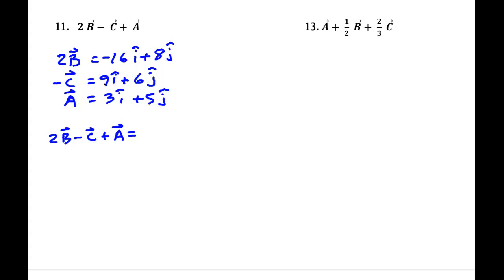So minus 16 plus 9 plus 3, that's minus 16 plus 12, that's minus 4. 8 plus 6 is 14 plus 5 is 19. So that's 19j hat, and that completes this problem.